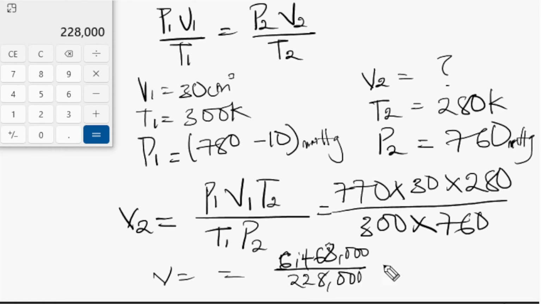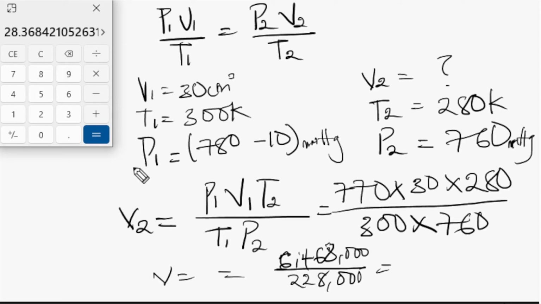So guys, let's calculate this out together. It's 6,468,000, then divided by 228,000.